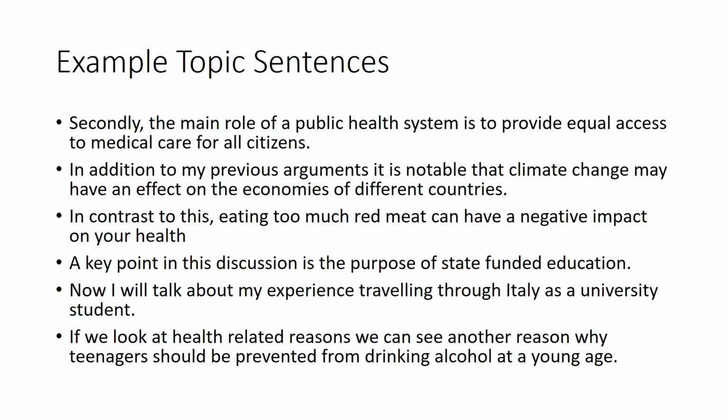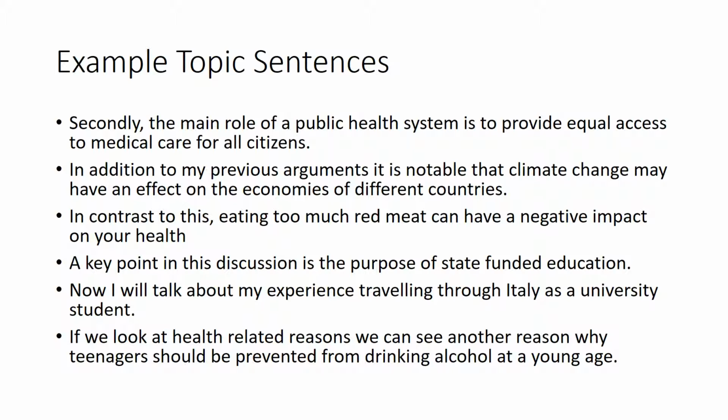"If we look at health-related reasons, we can see another reason why teenagers should be prevented from drinking alcohol at a young age." So at this stage, we know that health-related reasons is another reason. We've already had other reasons why teenagers should be prevented from drinking alcohol at a young age. We don't know, because we're just looking at a topic sentence here, but perhaps you can guess what they are.